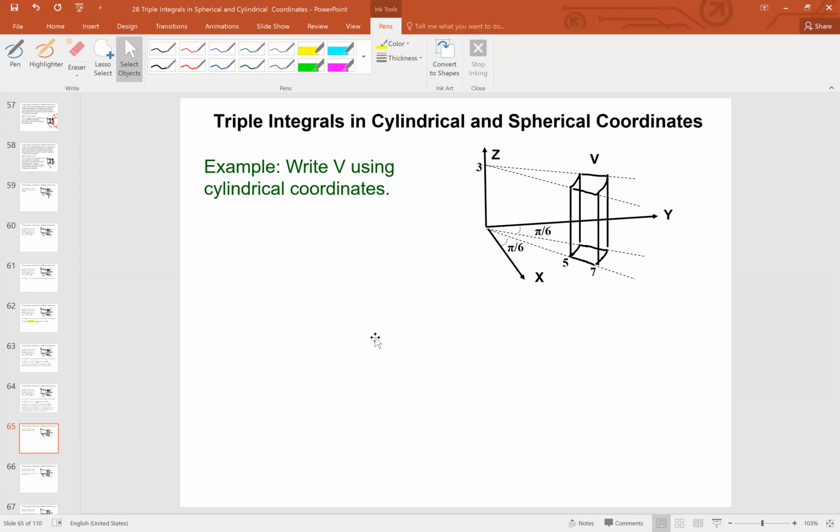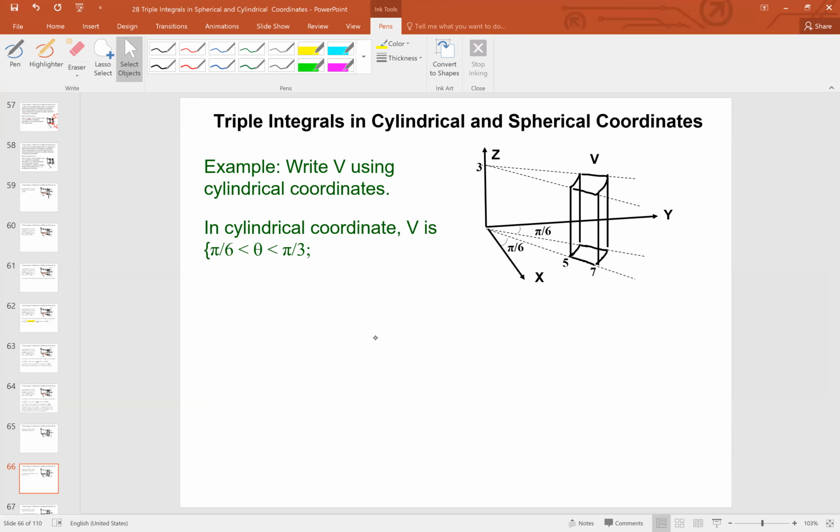To use cylindrical coordinates, I need shapes that can be described by cylindrical coordinates more easily, like long blocks, chunks of a cylindrical shell, a piece of a cylindrical shell. This can be easily described.